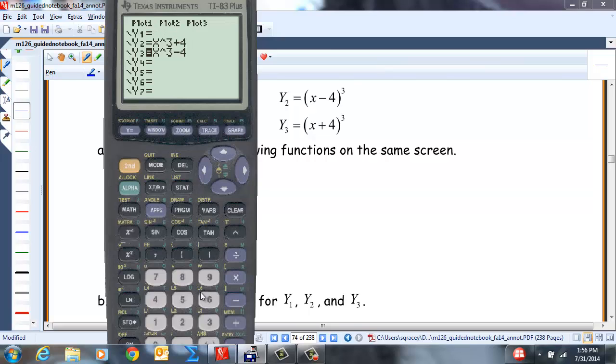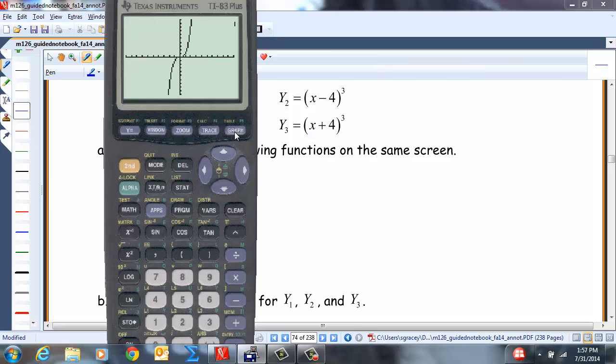The first one is still going to be x cubed. But our second one will be the quantity x minus 4, cubed. And then down here, the quantity x plus 4 is being cubed. So let's see how this changes our graph.